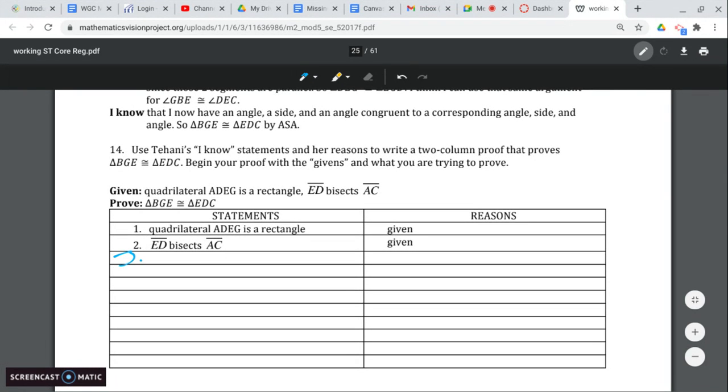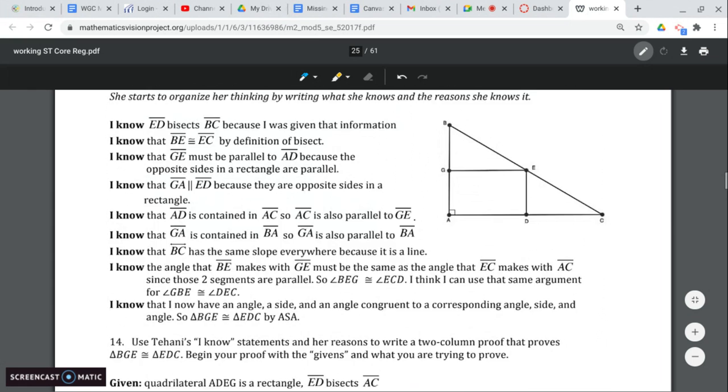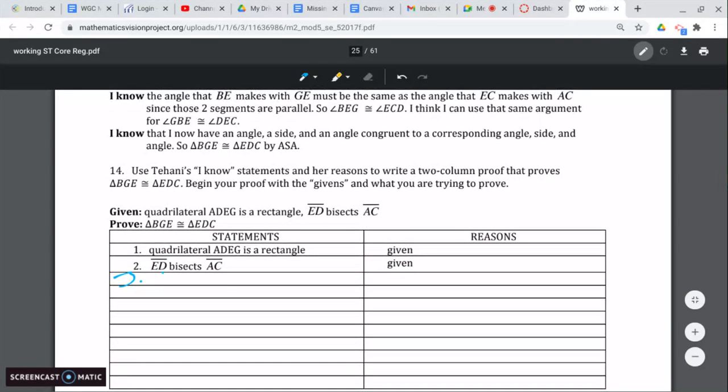So for statement 3. Currently, we have the rectangle, and ED bisects BC because we were given that. Well, what else does she know because of the fact that they bisect? She knows BE is congruent to EC by definition of bisector. So come down here. BE is congruent to EC, definition of bisector.